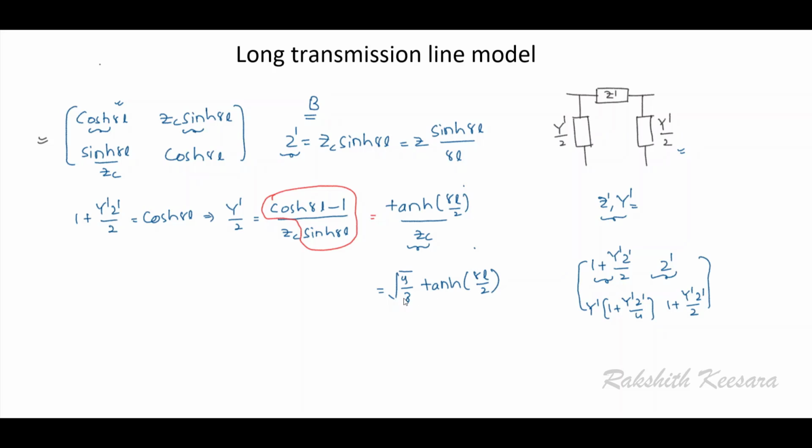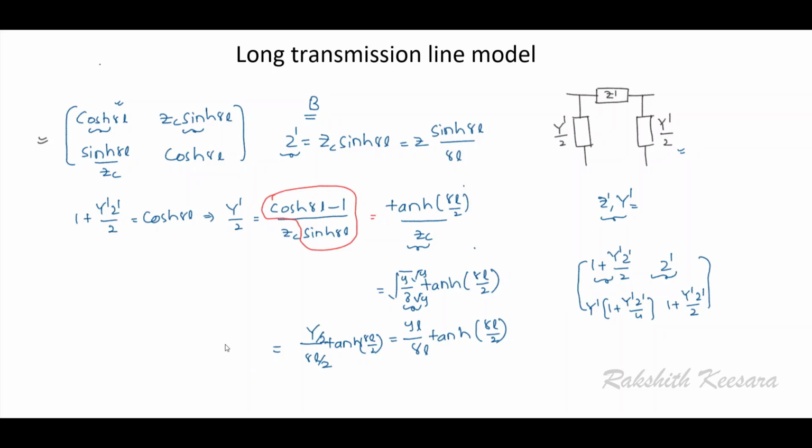I am multiplying the numerator and denominator by root Y. So this will be Y by, this will become gamma, tanh γL by 2, right? Now I am multiplying the numerator and denominator by length L. So this turns out to be Y by γL tanh γL by 2. Now I am dividing both numerator and denominator by 2.